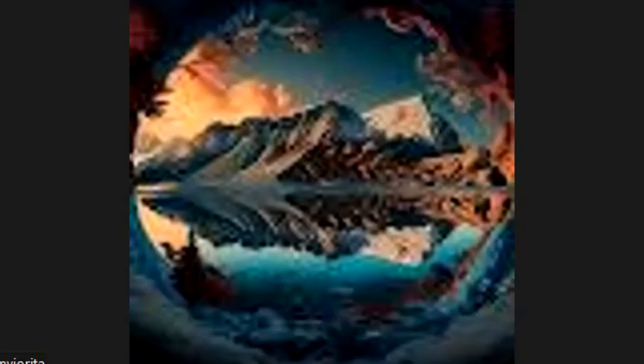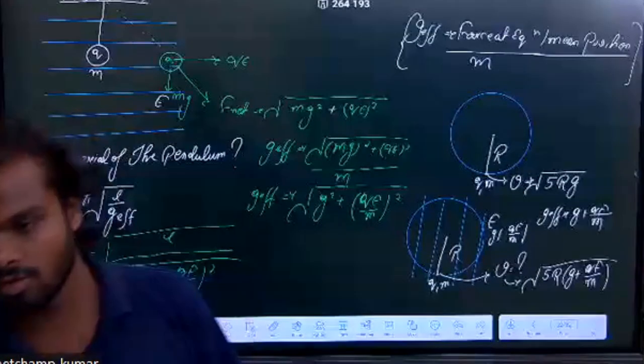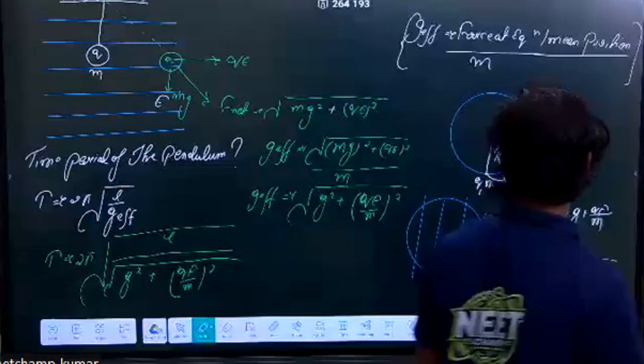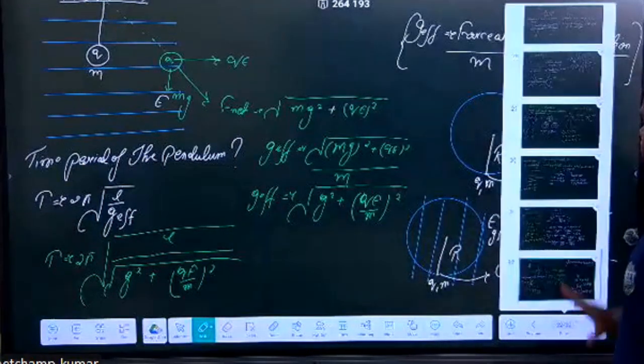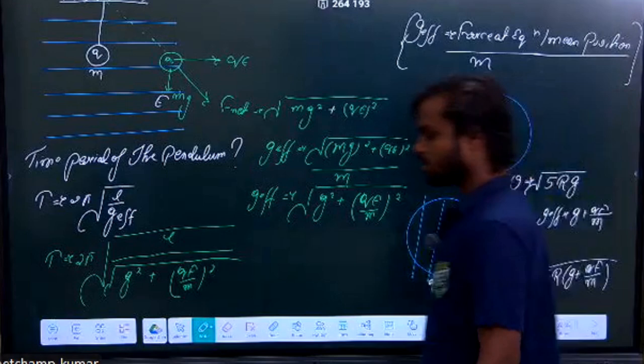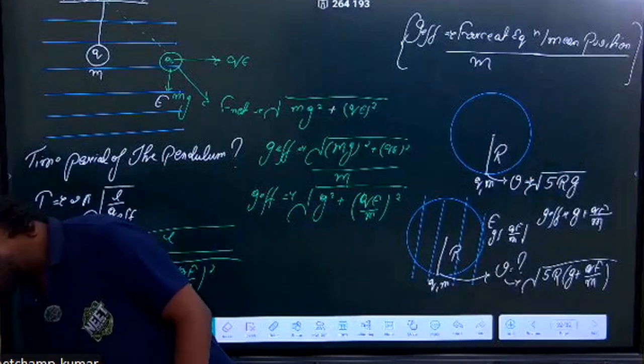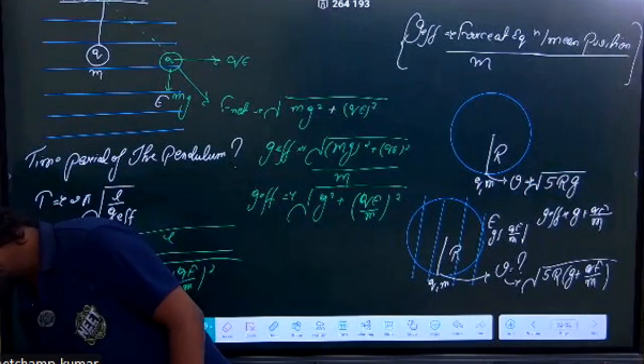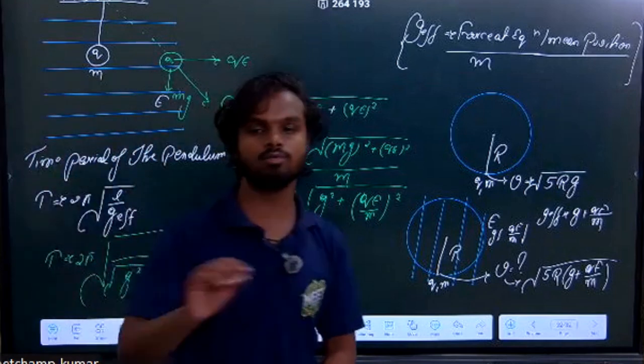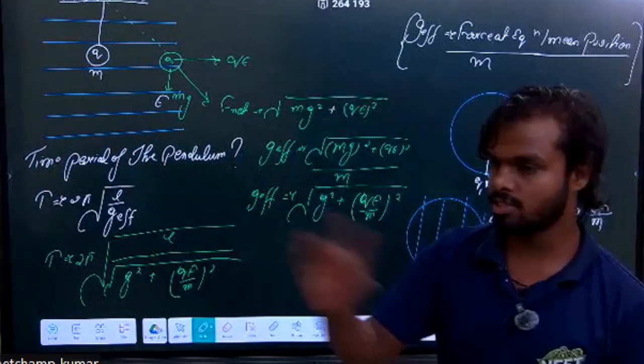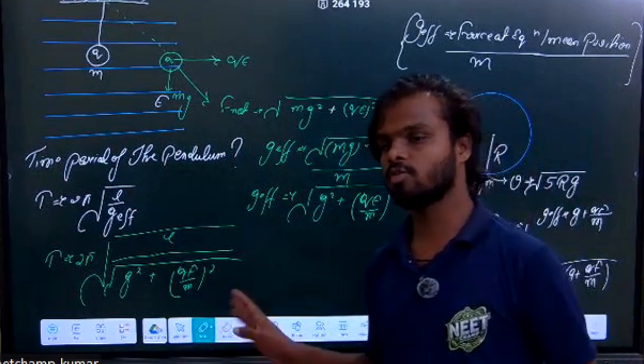Yes, sir. Simply, whenever there is a question of a constant electric field, remember you have to replace g by g effective. There is nothing else required. Just replace g by g effective. Finish. Your question will be over.